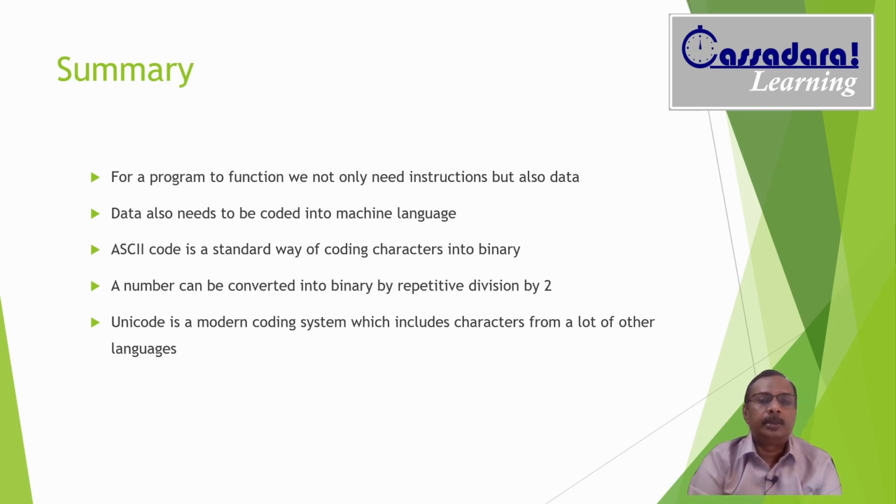Similarly, data also needs to be coded into machine language, but since data are values, we need a standard way of coding it, and that is where ASCII comes into place. ASCII stands for American Standard Code for Information Interchange, which defines standards for converting each and every character available in English and special characters into a binary number.